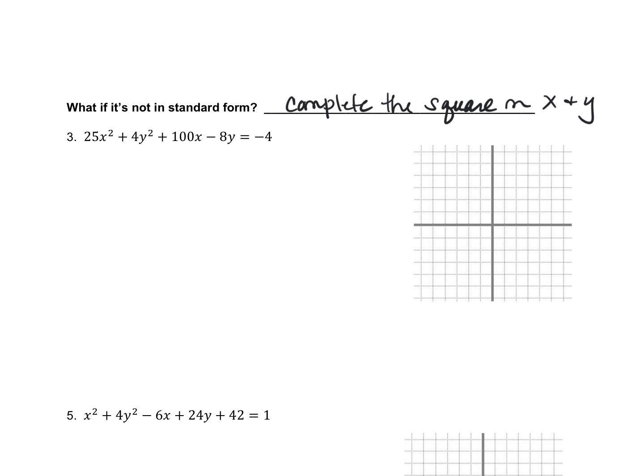So again, put your x's together, your y's together. Notice you're going to have to move around those x's. So we're going to put 25x squared plus 100x together, plus 4y squared minus 8y. And then I have a negative 4 out here.